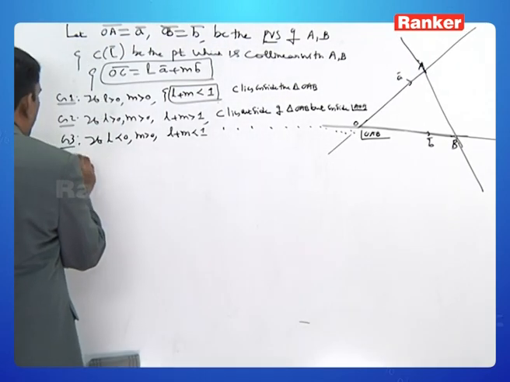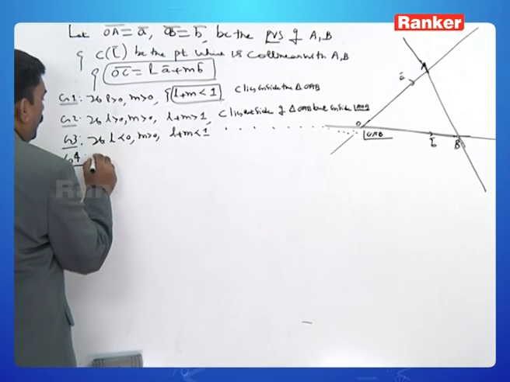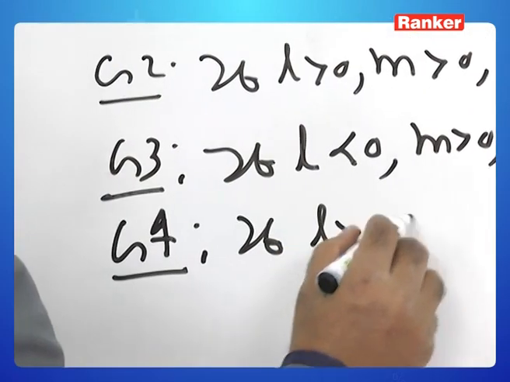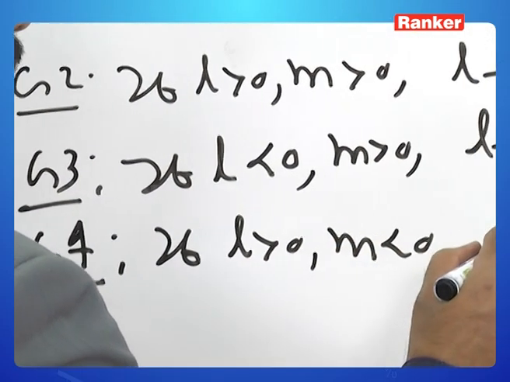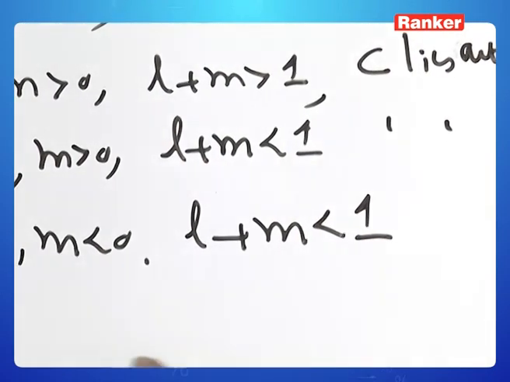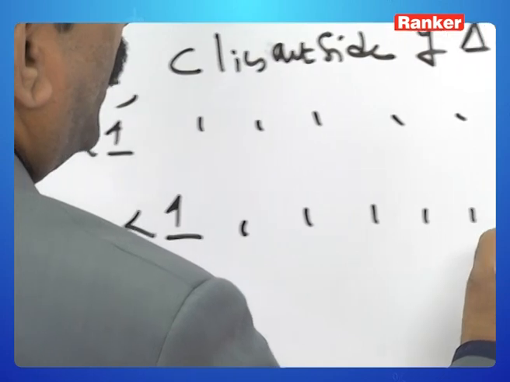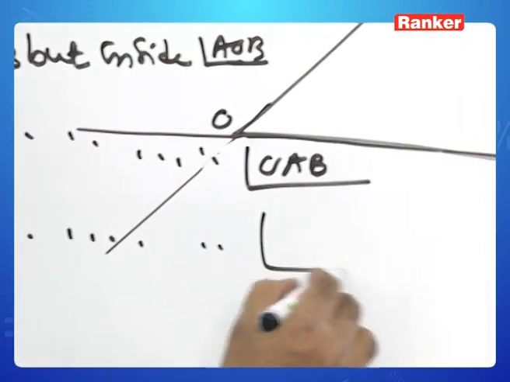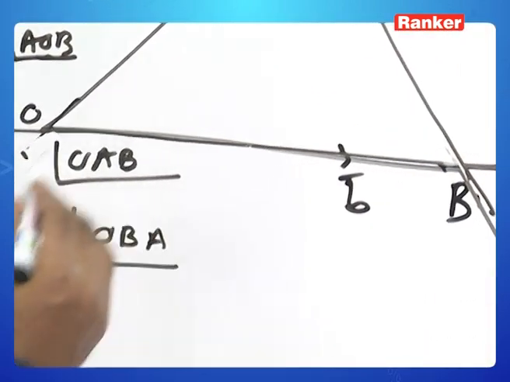Now case 4, if L positive, M negative, L plus M less than 1, C bar lies outside the triangle, but inside angle OBA.